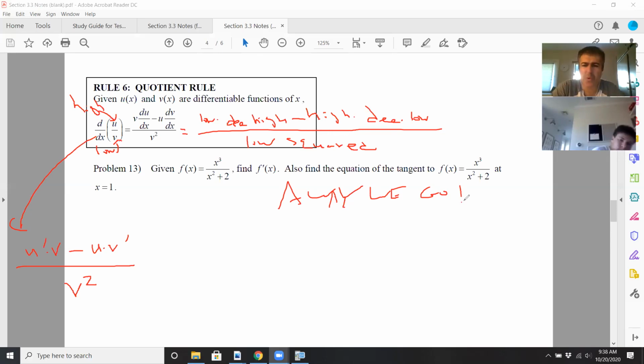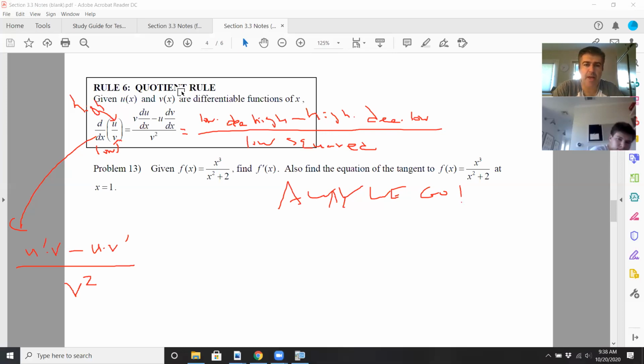Of course, you have your notes, but on the AP exam, you do need to know this without notes. Again, you'll be practicing so many times, so you'll have it down cold. The way I used to remember when I was in high school, I just remember you have to take the derivative of the first thing you see. So you always do that first times v, and then you switch it around. I don't know if that helps, but so low d high minus high d low over low squared, and away we go.